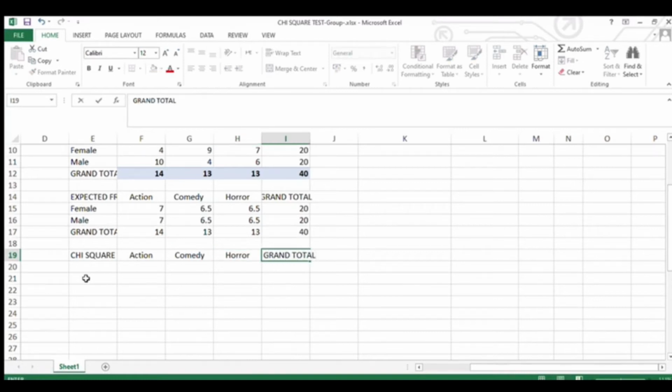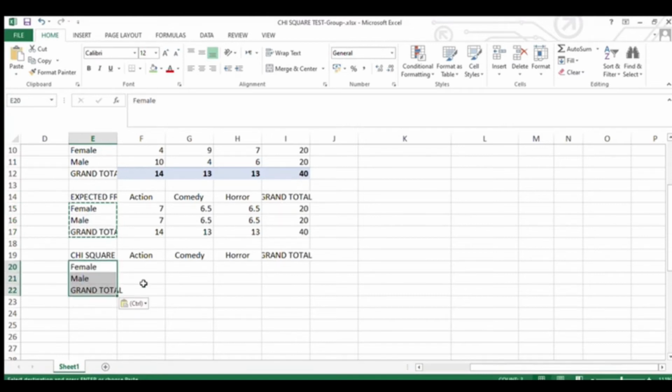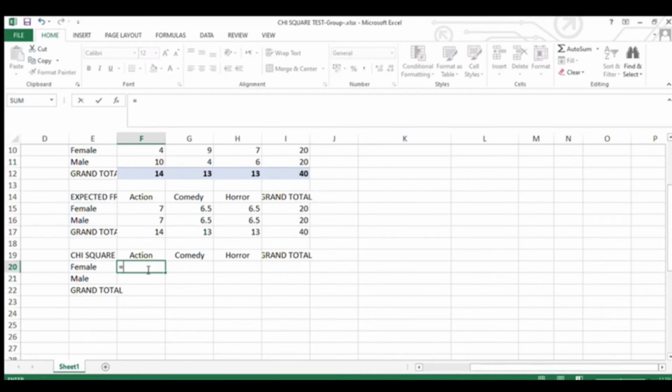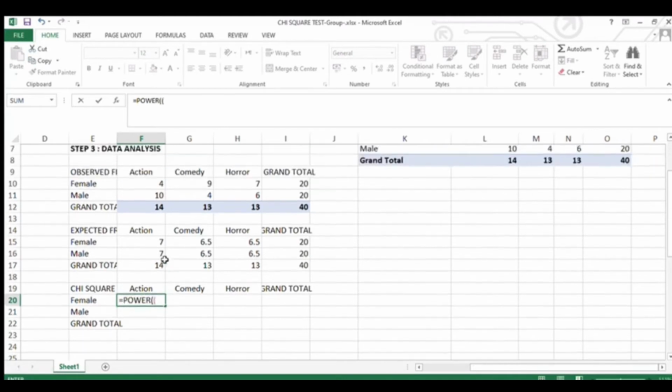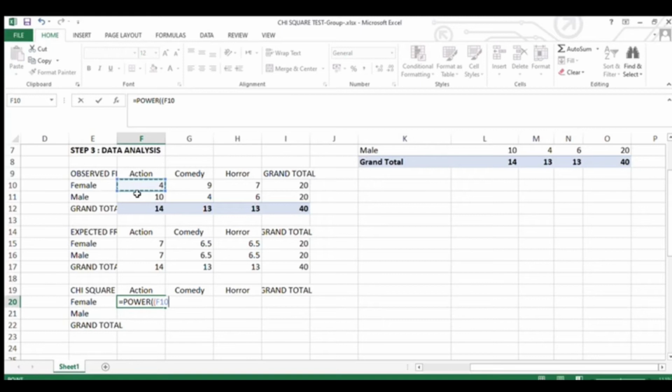For chi-square calculation, you need to use the power sign because this chi-square formula has the power of 2. So you need to enter the equal sign, and then type in power, and then open up bracket 1 and open up another bracket, and then select the value of observed frequency minus expected frequency.